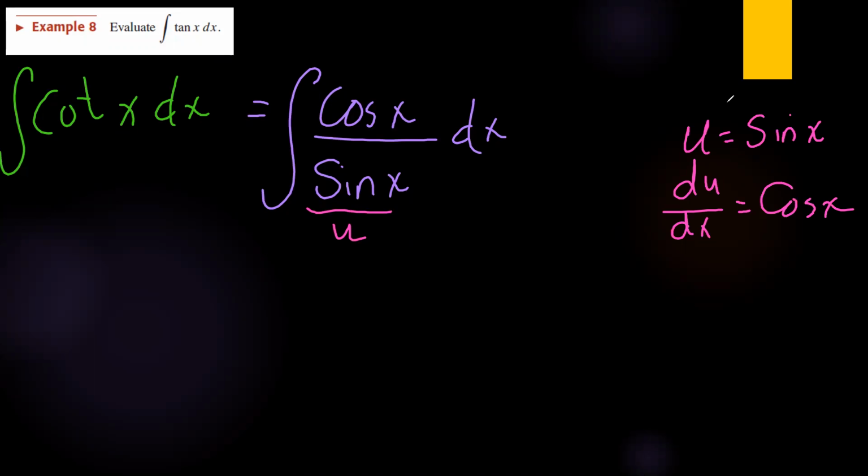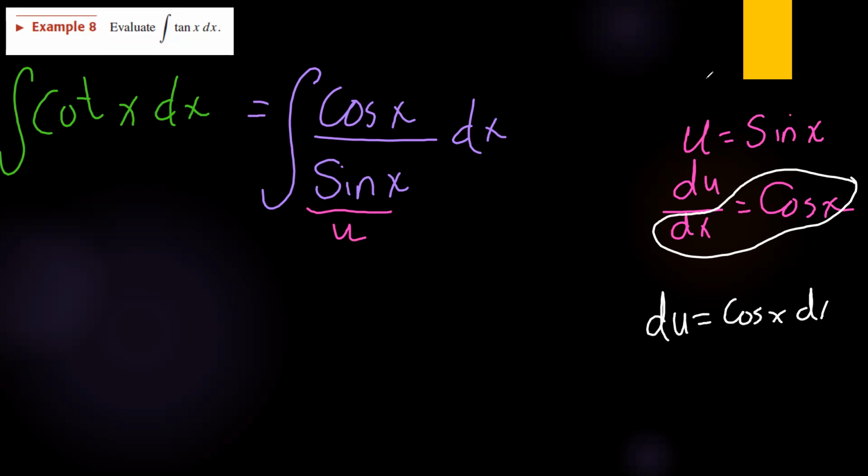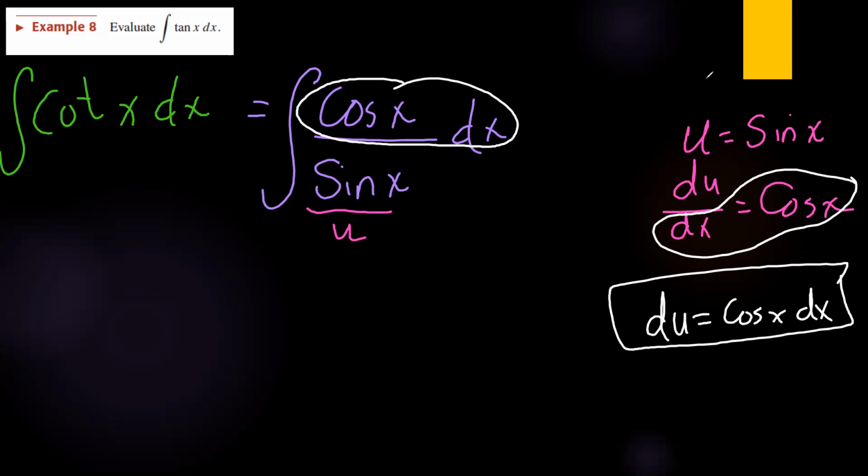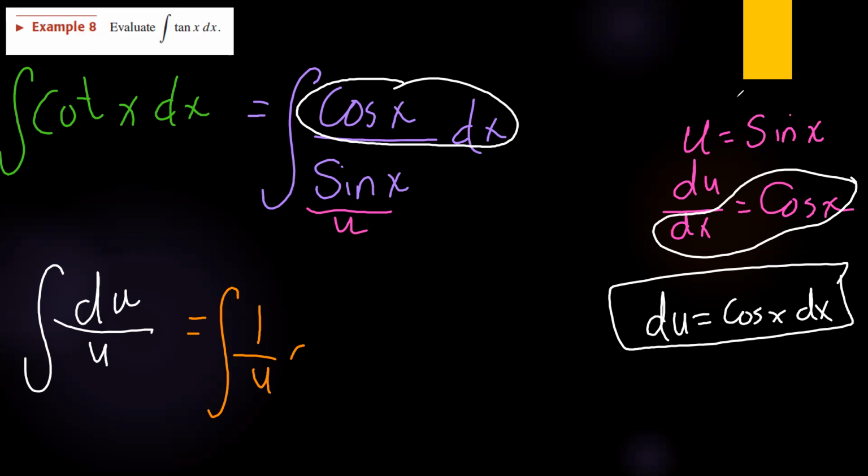So du over dx is cosine, that means du is cosine x dx. So let's replace cosine x dx with du. So I have it as the integration of du over u, which is the integration of 1 over u du.